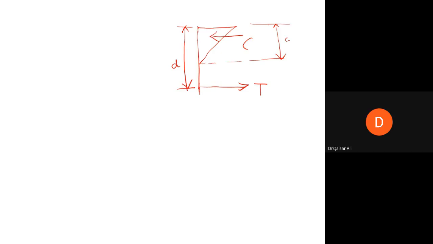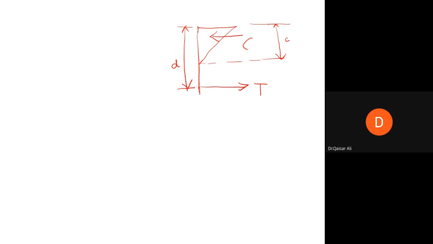In the previous case, the total section was in the linear elastic stage. There was no cracking on the tension side of the concrete beam, so the neutral axis was at mid depth. But in this case, concrete has cracked substantially on the tension side, which means the neutral axis would have shifted upwards, because the concrete on the tension side is not capable of resisting any tensile stresses, and it is only steel which is now resisting all the tensile stresses.